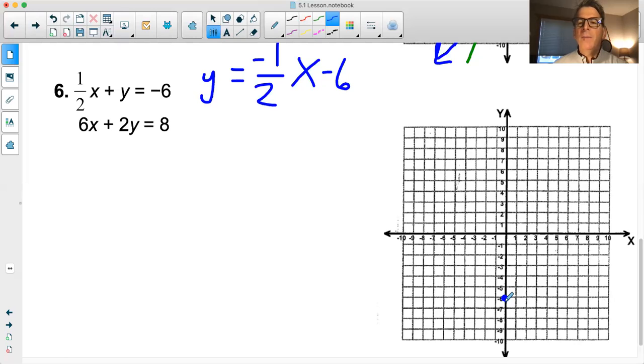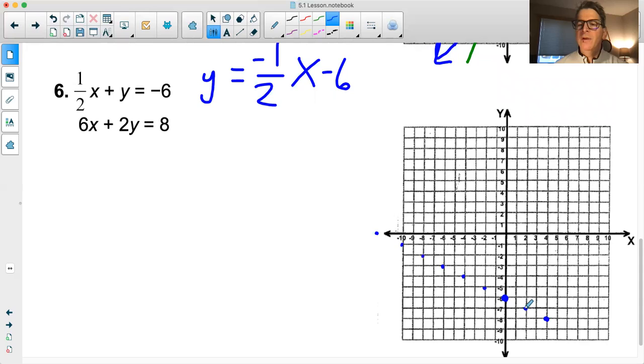So I'm going to go up 1 over 2, up 1 over 2, or down 1 over 2, down 1 over 2.